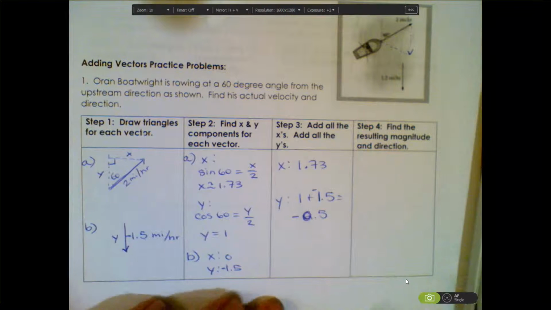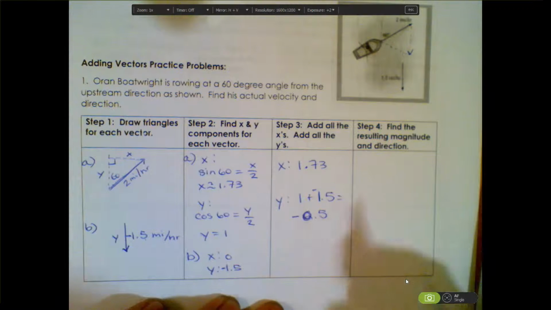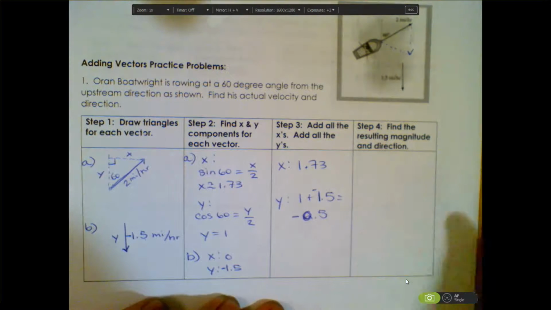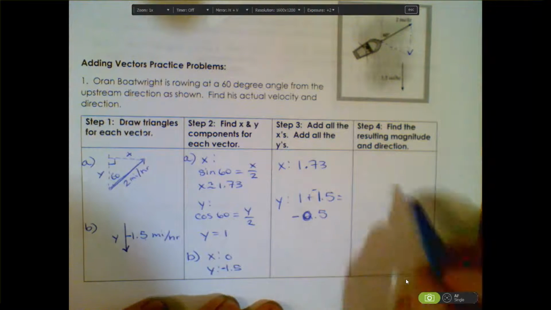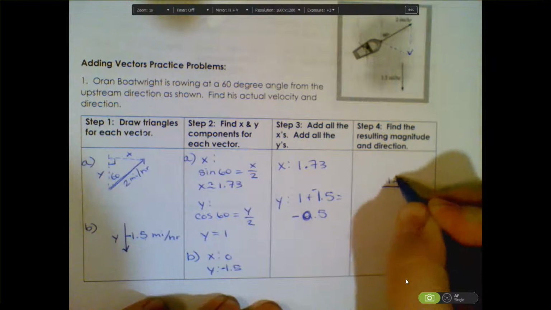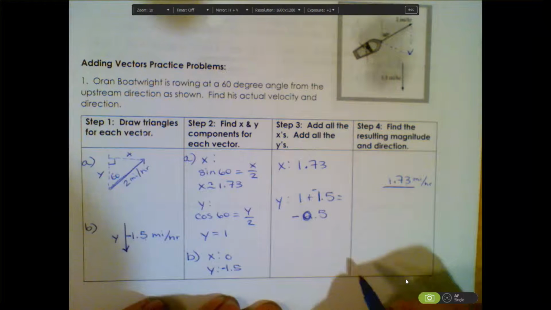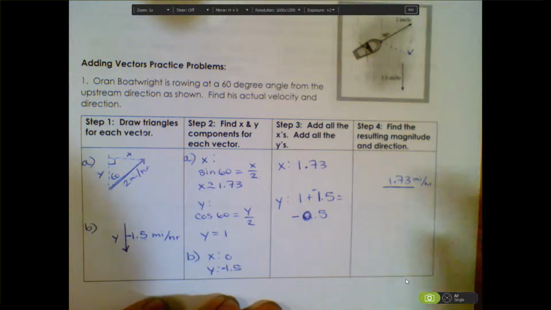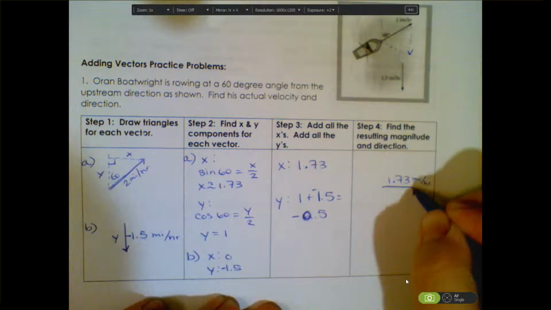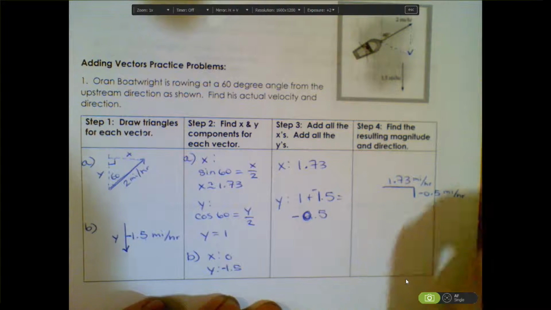Okay, so now we're going to take these two new pieces and we're going to draw the resulting vector. It's actually going to be a triangle. So x is going over 1.73 miles per hour. The y component is down negative 0.5 miles per hour.